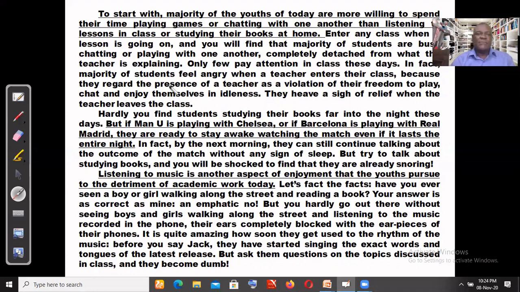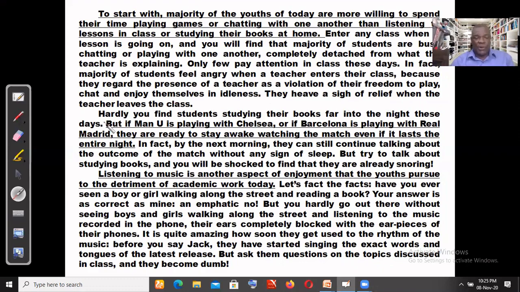In fact, majority of students feel angry when a teacher enters their class because they regard the presence of a teacher as a violation of their freedom to play, chat, and enjoy themselves in idleness. They heave a sigh of relief when the teacher leaves the class. Now, you have driven home your message here. You are saying that they are more interested in playing games, which gives them pleasure, than in academic work.